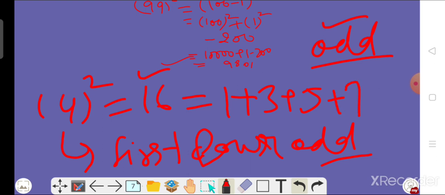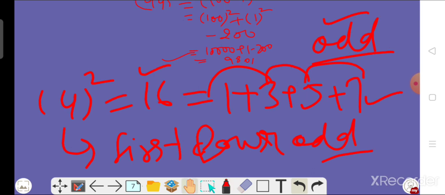Check whether their sum is equal to 16 or not. So 7 plus 5 is 12, 12 plus 3 is 15, 15 plus 1 is 16. So we can write the square of a given number as the sum of odd numbers, counting starting from 1.